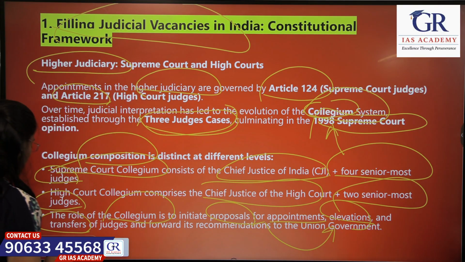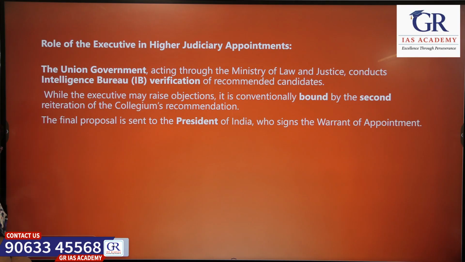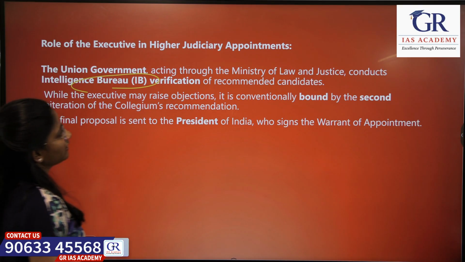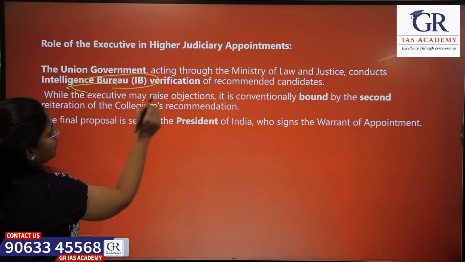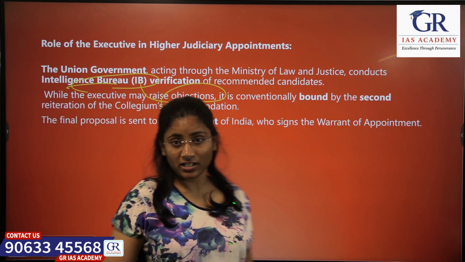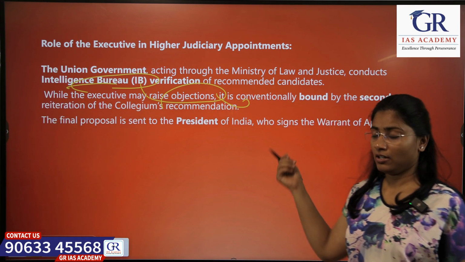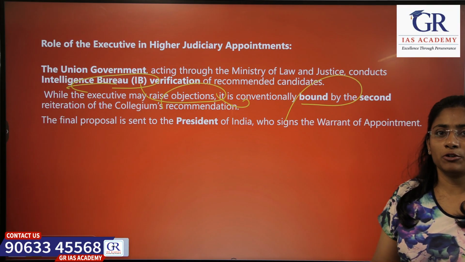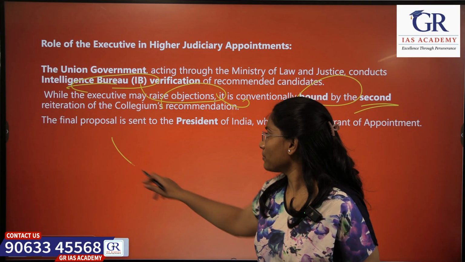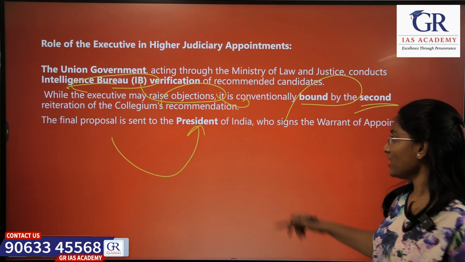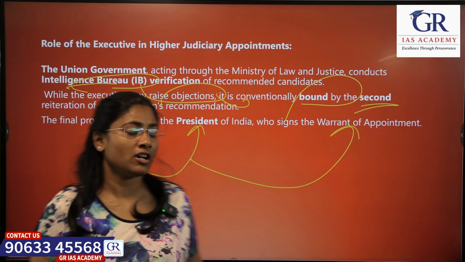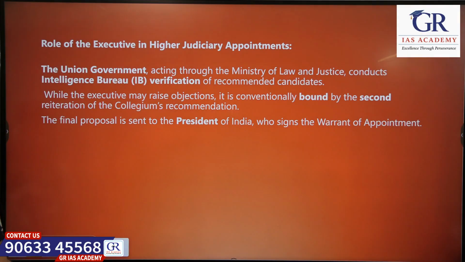What will the union government do now? It will use the IB for verification and then send objections, if any. But if the collegium reiterates its recommendation, the government is bound to accept the collegium's decision. The proposal is then sent to the President and the President signs the appointment letters. That is the process of appointing Supreme Court judges.